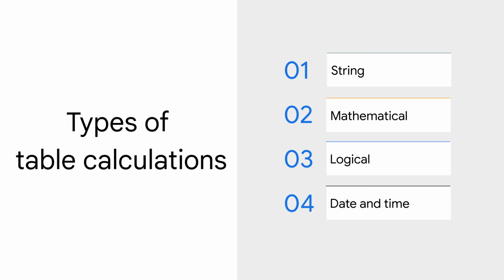Date and time functions operate on date-time results, and logical functions can be used to check one or more conditions and execute different paths of logic depending on the value. Last, you can combine different types of functions in one table calculation to customize your results even further and achieve your desired outcomes.